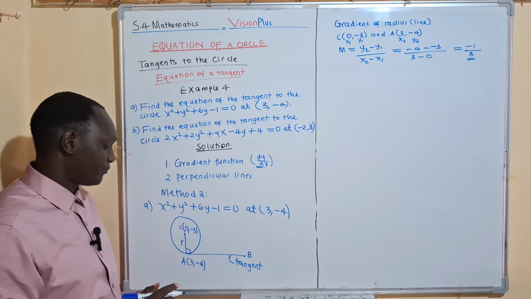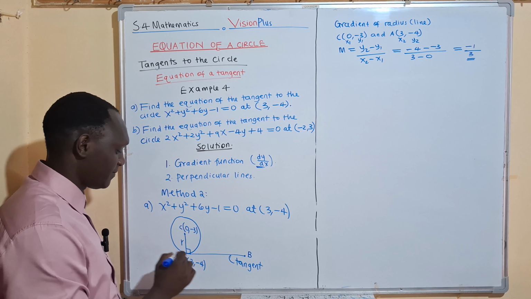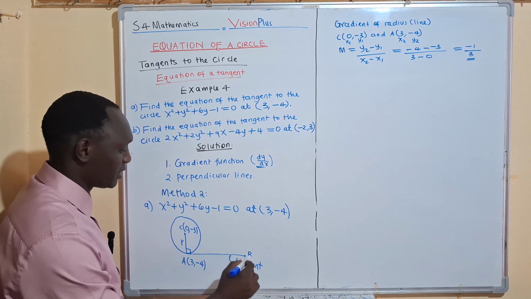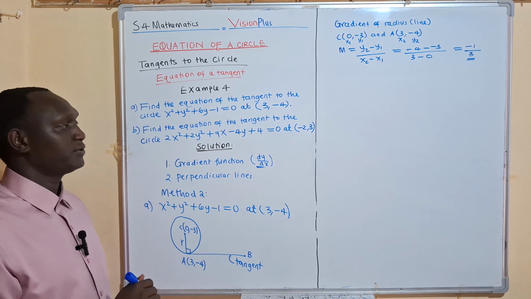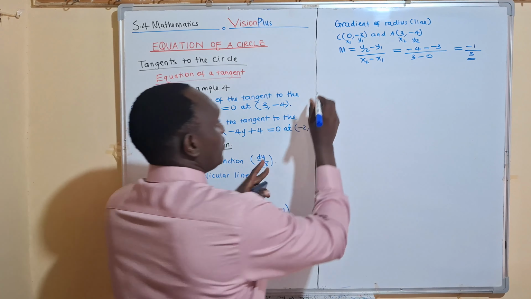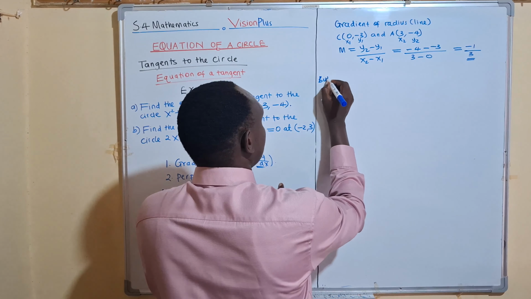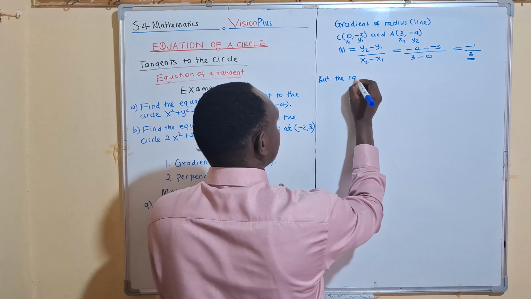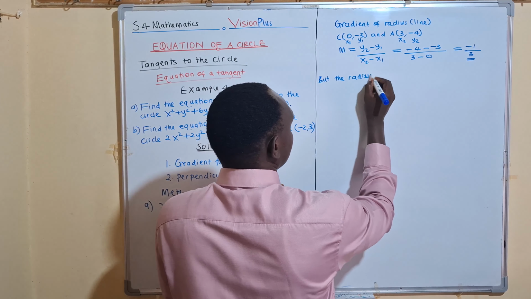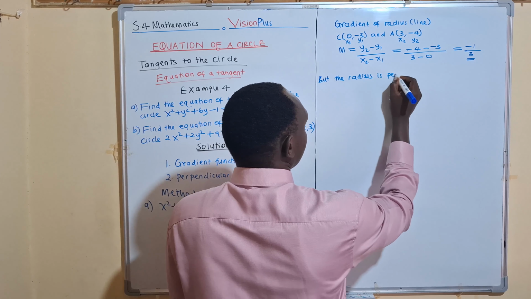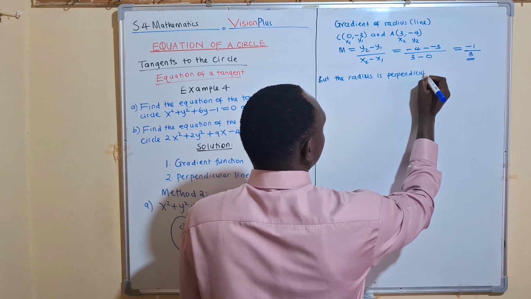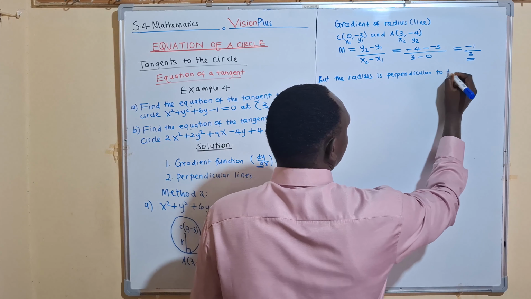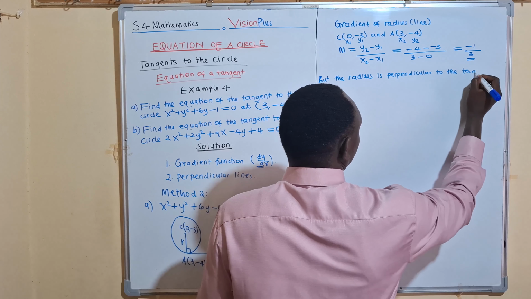But what do we know? We know that the radius is perpendicular to the tangent in this case. What does that mean?